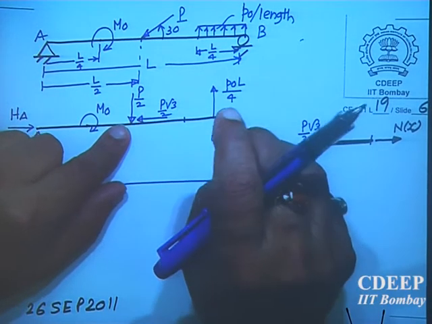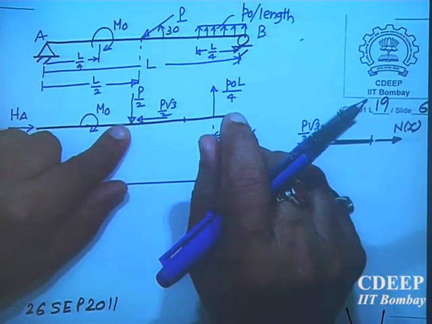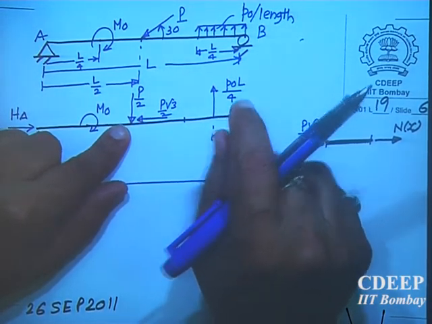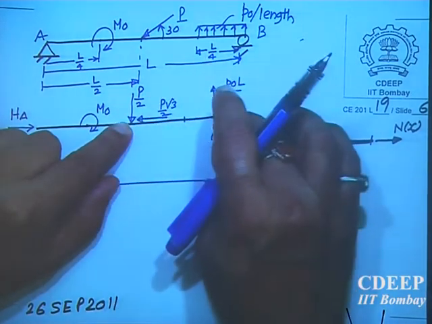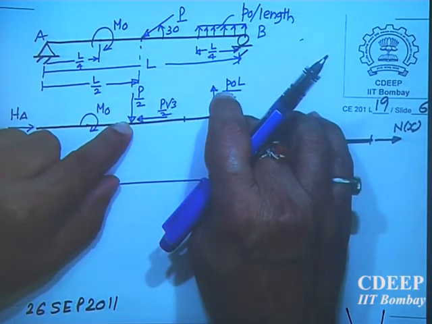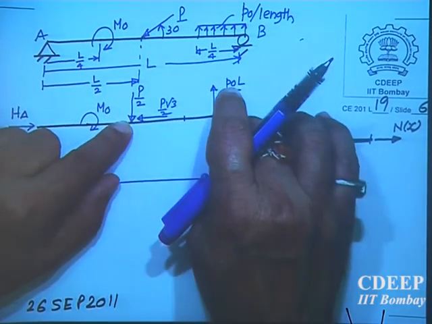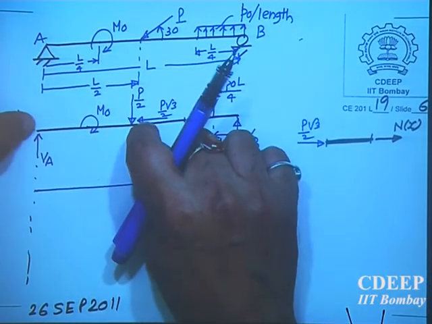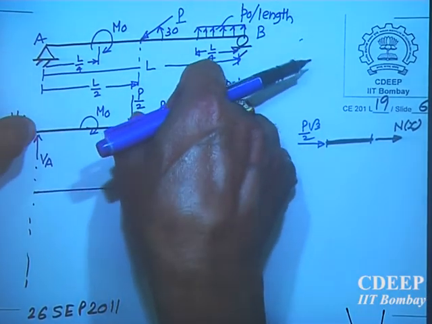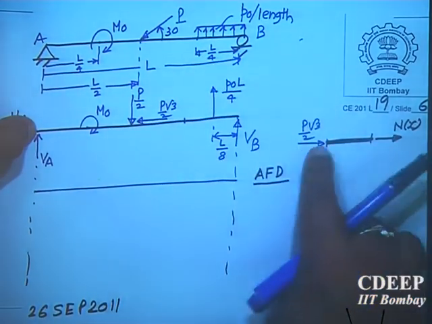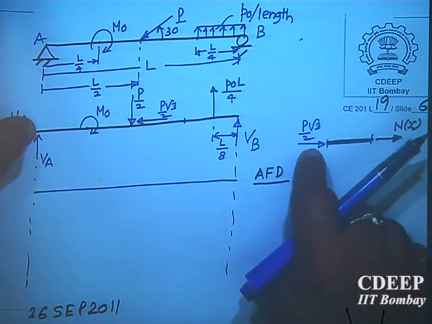From here to here, no axial force. Only this portion is subjected to an axial compression equal to P root 3 by 2.